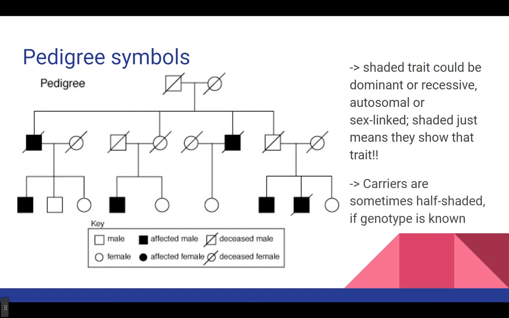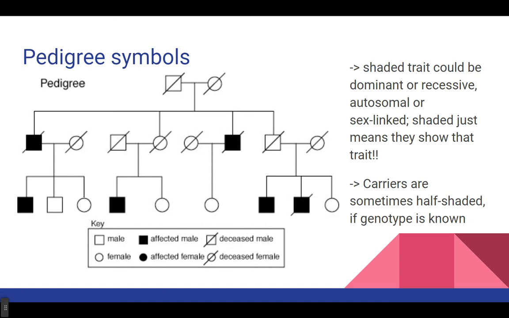The other thing is that sometimes on a pedigree you'll see people who are half shaded, which means they are carriers. The word carrier means they carry the gene but do not show the trait. So what does the genotype of a carrier have to be? Dominant and recessive, they have to be heterozygous.